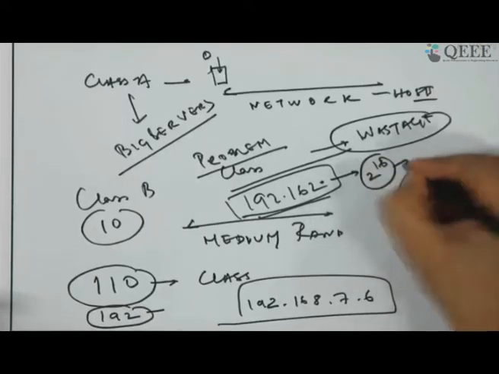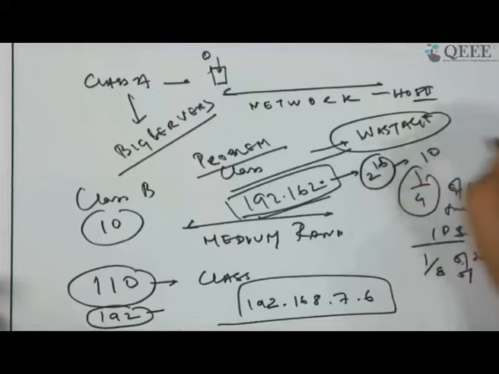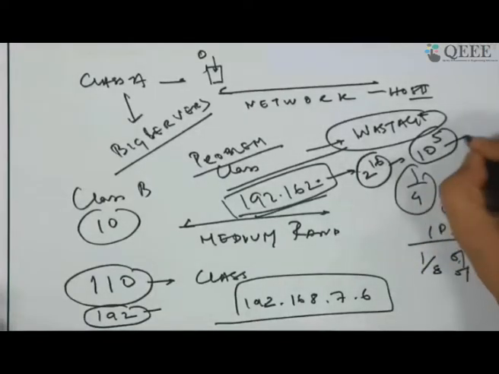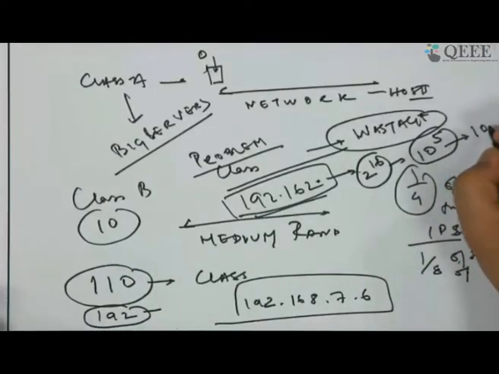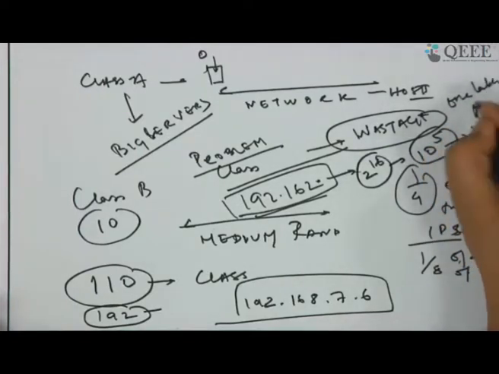And how much is 2 to the power 16? Roughly 10 to the power 5, that is, 1 lakh machines.